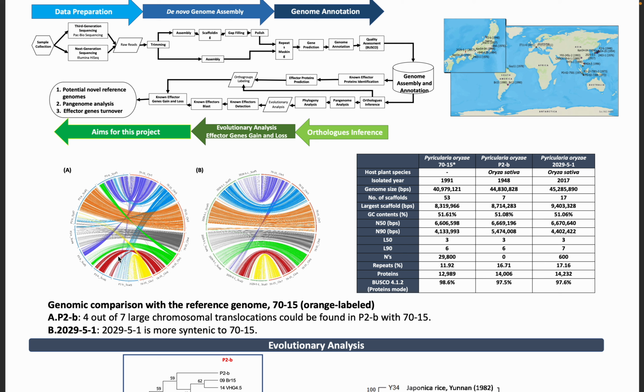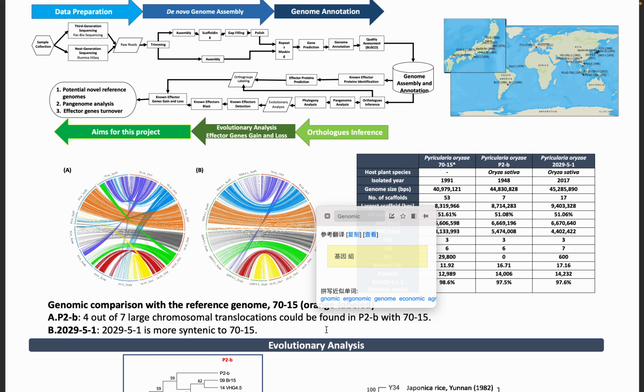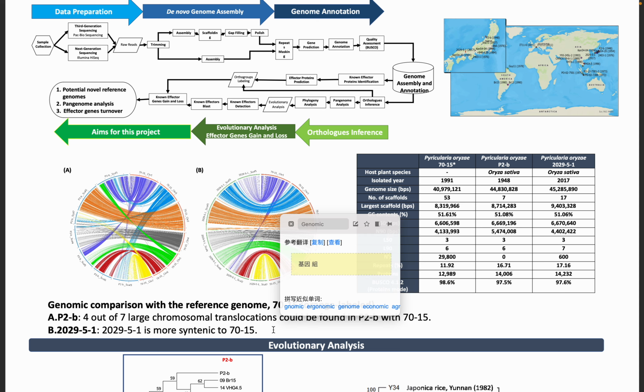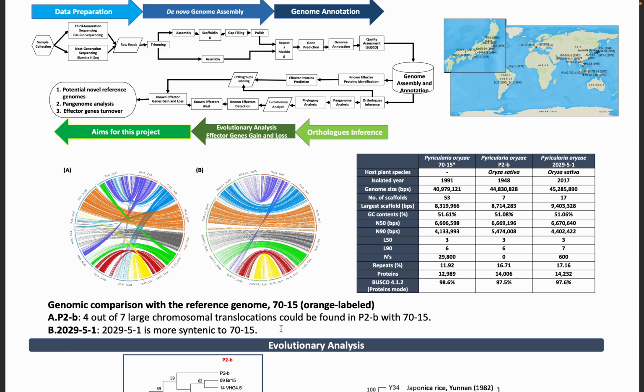Actually, 4 out of the 7 large chromosomal translocations could be found in P2B with 1715, and 29951 is much more syntenic to 1715, so its composition is more similar to 1715.